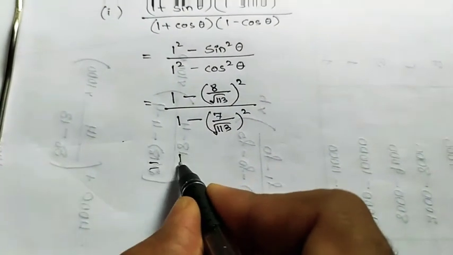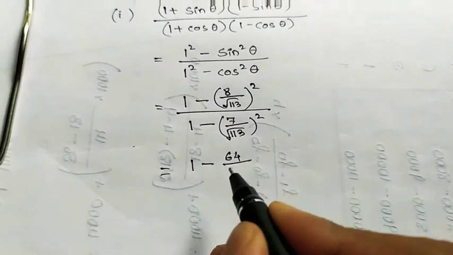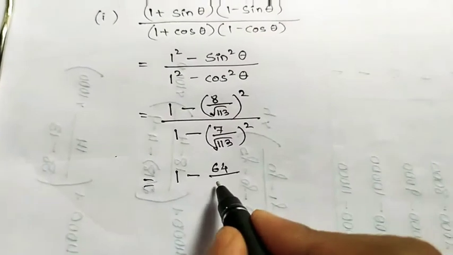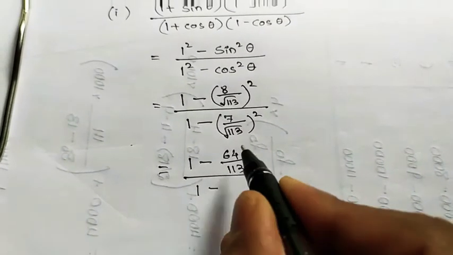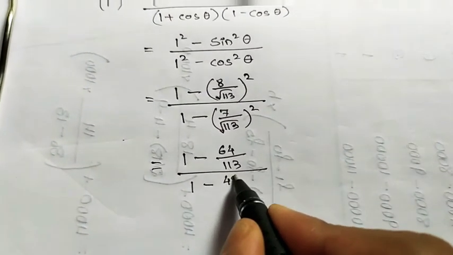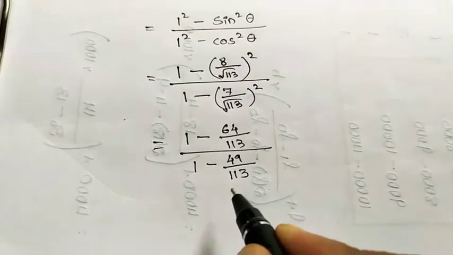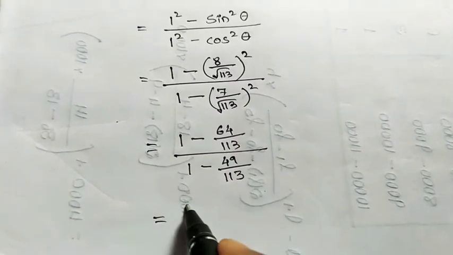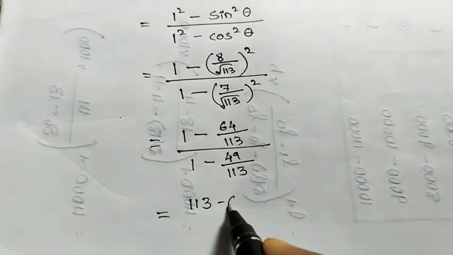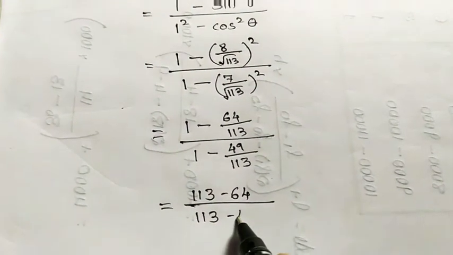Okay. So now 1 minus 8 square will be 64 divided by root 113 whole square, that is 113. 1 minus 7 square is 49 by 113; the root will get cancelled. So now taking the LCM, that will be 113 minus 64 divided by 113 minus 49.